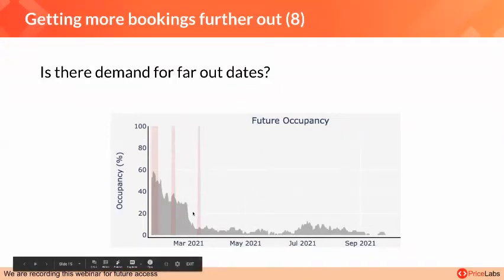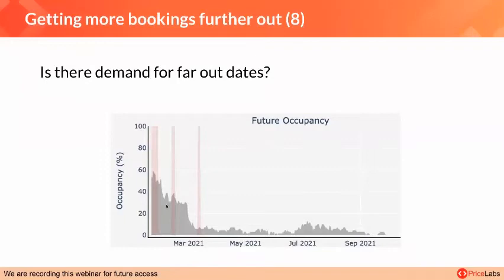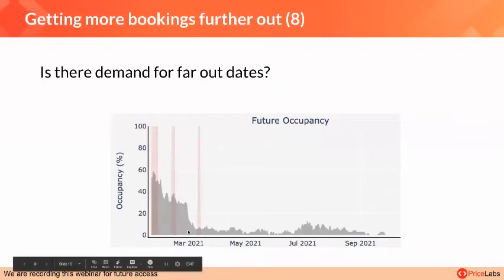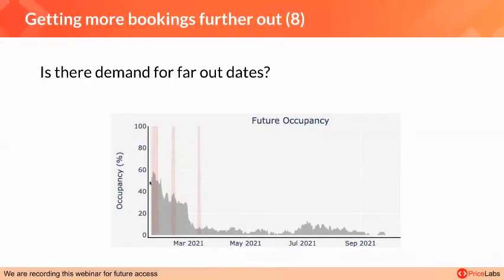So if you're trying to target those further out dates, maybe the furthest out we can target is March. After March, there's a steep dip and no one is really booking further out. We're hovering at about 5 to 10% occupancy here. And of course, last minute, there's an additional spike where rates are even higher, super last minute here. So first thing to check: is there demand for far out dates?